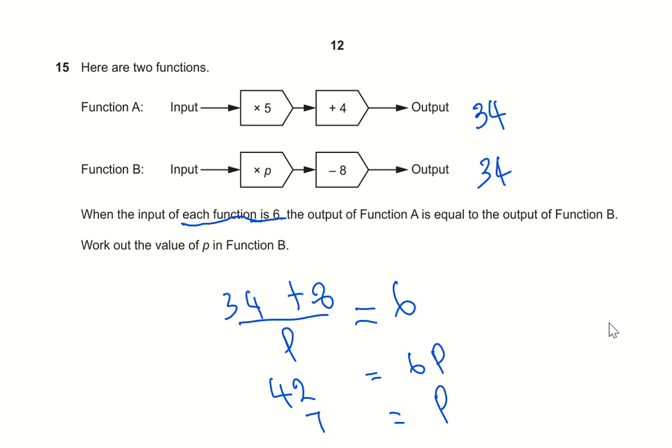So p is 7. Okay, I'm going to write the answer here. Answer is 7.